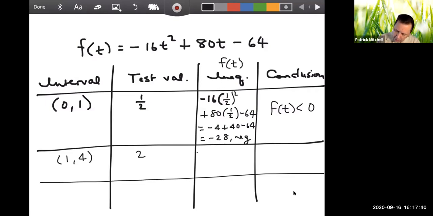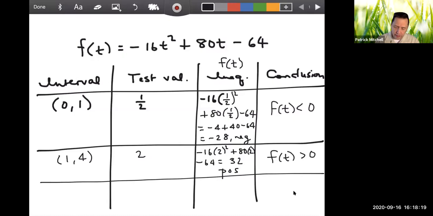Negative 16 times 2 squared plus 80 times 2 minus 64. 2 squared is 4. 4 times negative 16 is negative 64. Negative 64 plus 160 is 96. 96 minus 64 is 32, right? And that's positive. So in that interval, f of t is greater than 0.